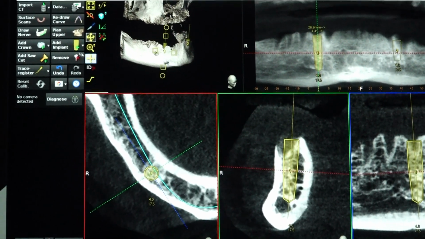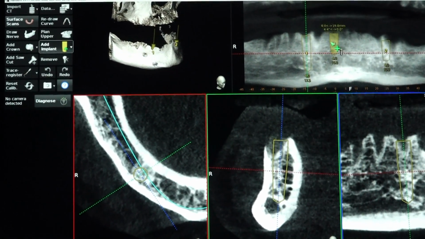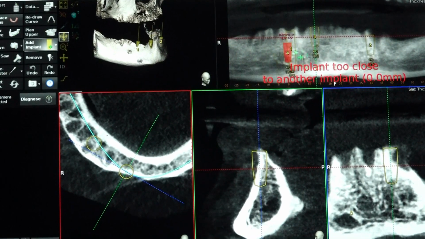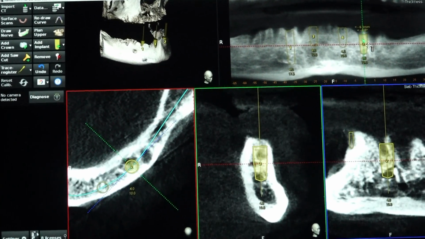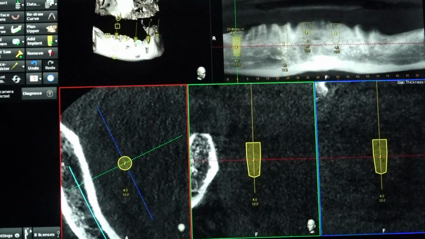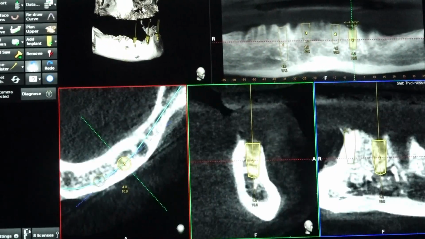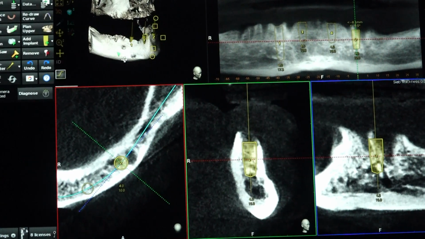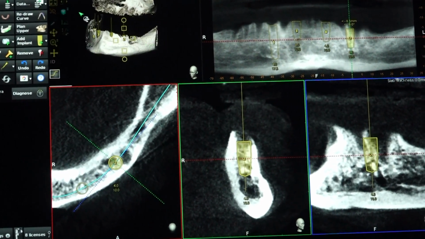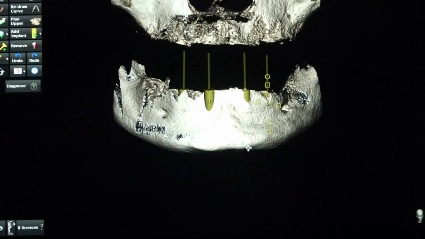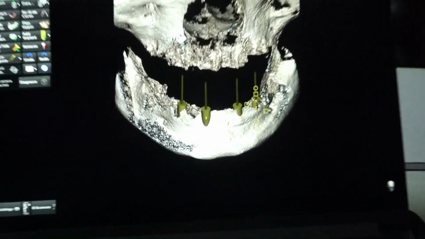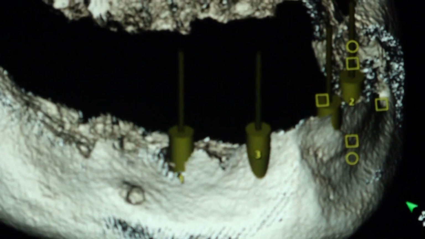Okay. And place one more implant in the lateral area, and one more implant in the lateral area. Okay, just 4 implants in the anterior area, just axial. This is also okay.